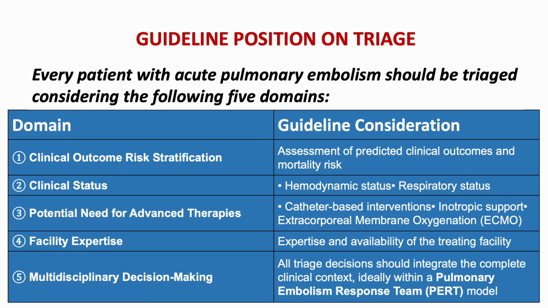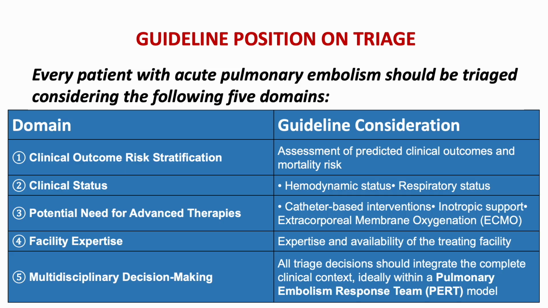So what is the guideline position on triage? Every patient with acute PE should be triaged considering the following 5 domains. Number 1, clinical outcome risk stratification, which we have seen. This will tell us whether the predicted outcome is good and what is the risk of mortality. Number 2, the clinical status, which will depend on the hemodynamic status and the respiratory status.